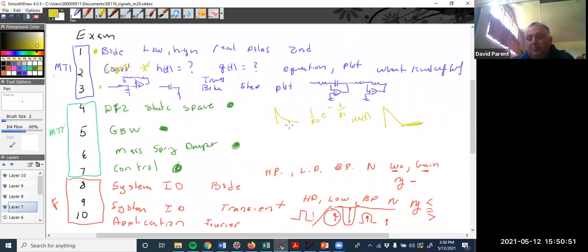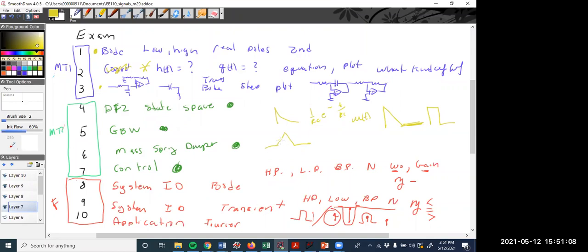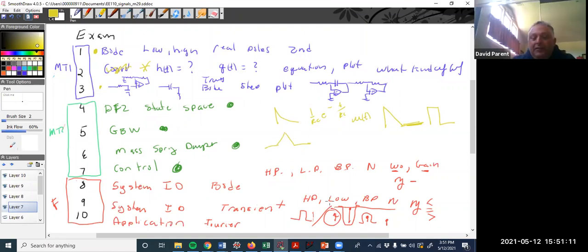So it's going to act low pass. Even a rectangle is low pass like. Even if I do this, that'll be low pass like.